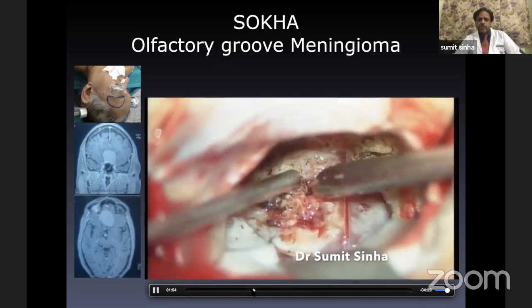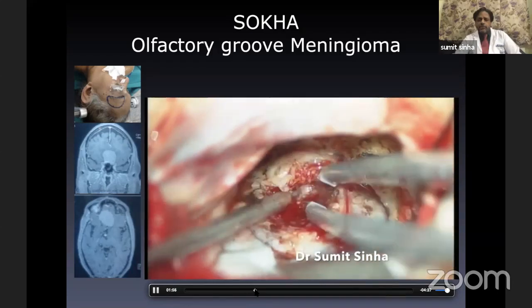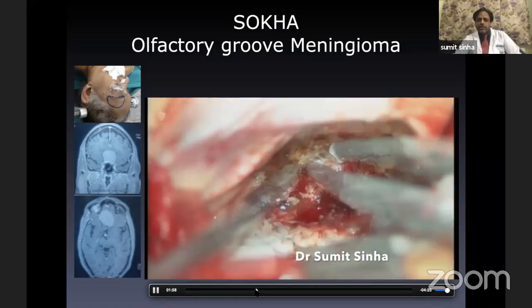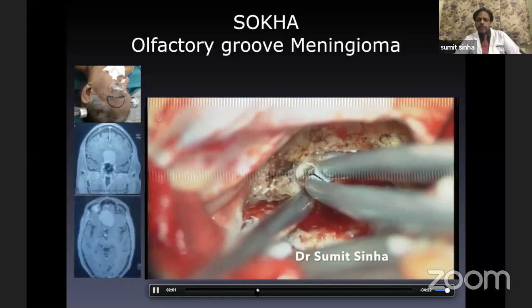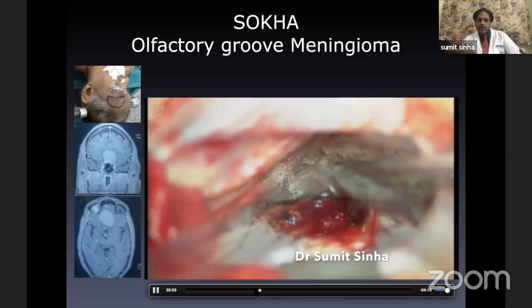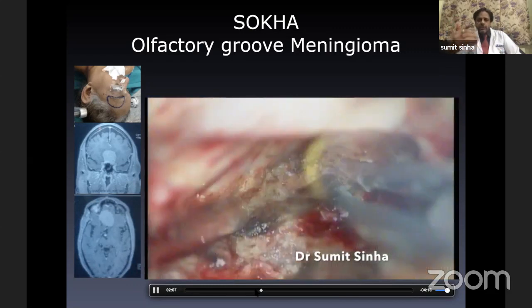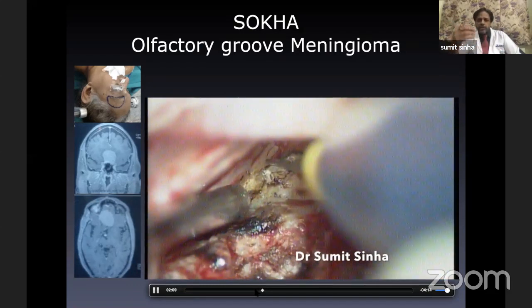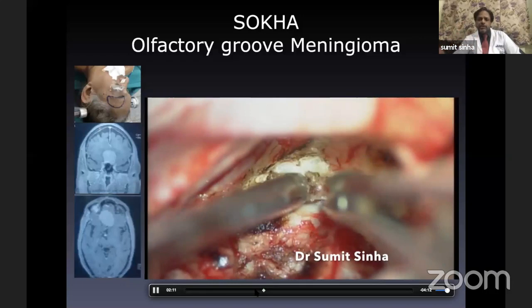Few things you have to take into mind while doing this approach. You have to be patient. Just immediately after you open the dura, you have to be patient, and then you have to wait for the CSF to egress. Be patient, wait for some time, wait for 5 minutes, 10 minutes, drain the CSF from the cisternal spaces, keep on draining the CSF.